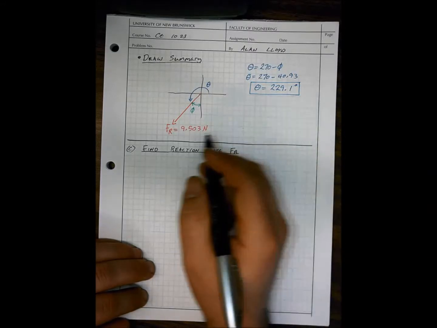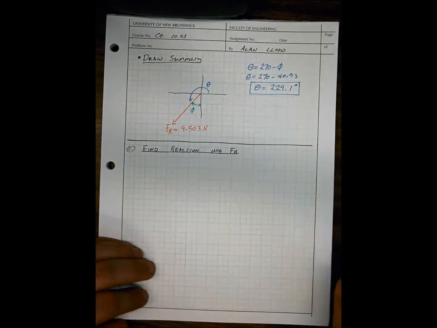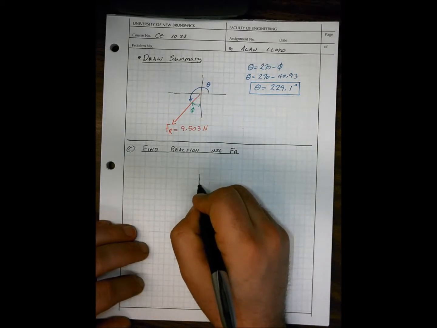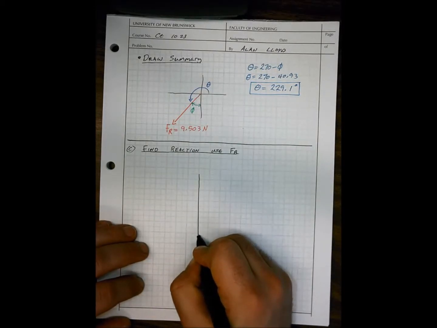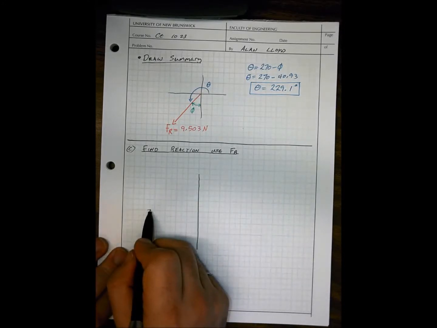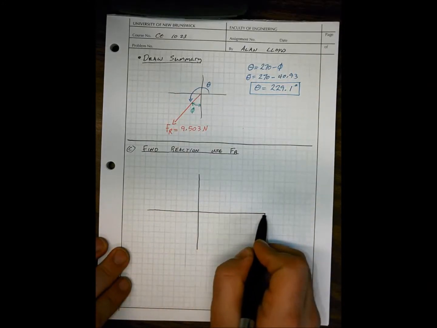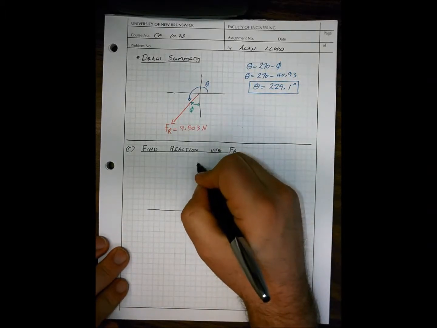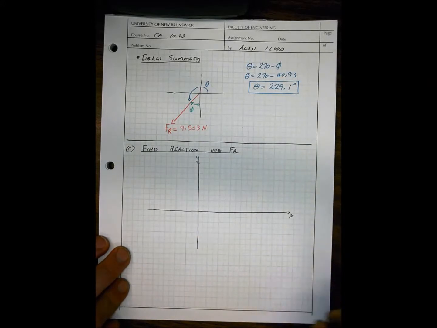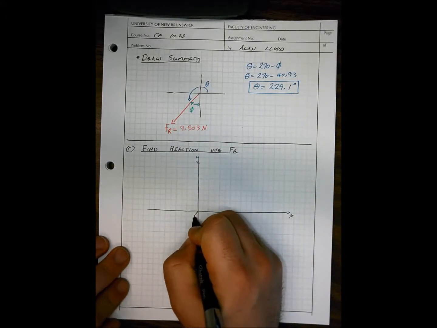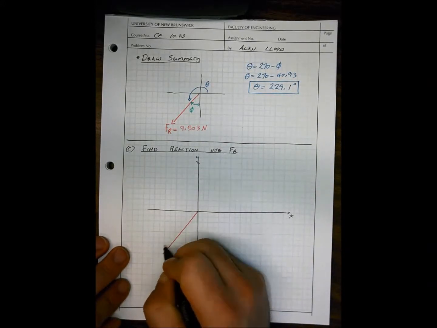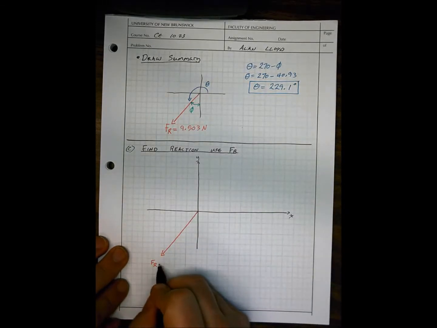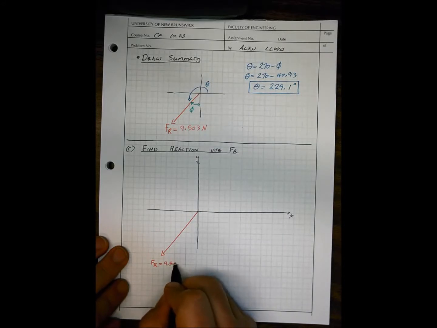So let's sketch this out again and see how simple of a problem this is. Let's draw in our x and y axes here. We know we have x and we have y. Now let's draw our force resultant value. Fr is equal to 9.503 newtons.